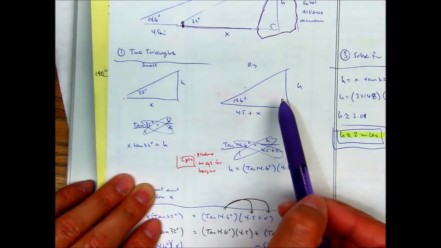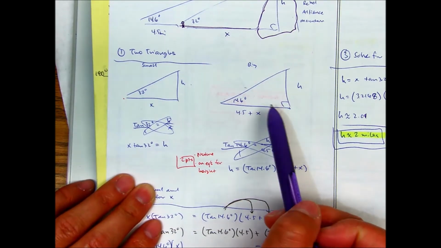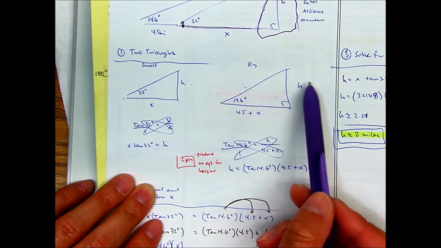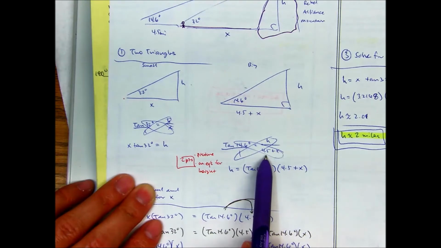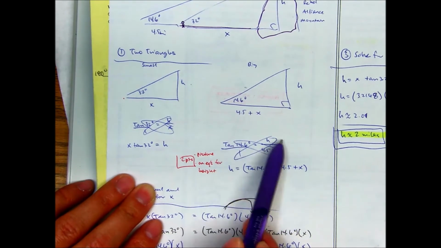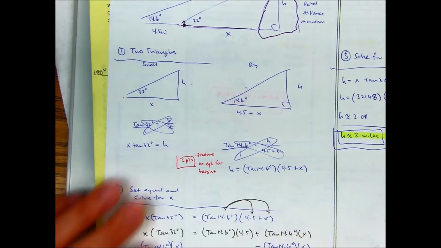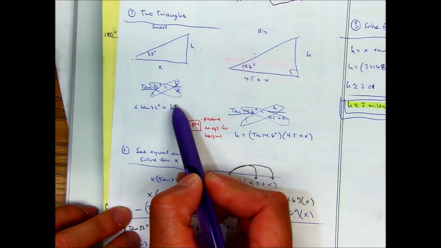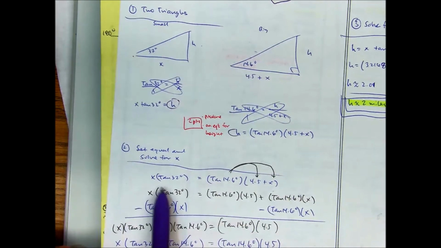On this side, we'll do the same thing. I want to get an equation set equal to h. So I have tangent of 14.6 is equal to the opposite over the adjacent, h over 4.5 plus x, and then when you cross multiply, you have this as your answer. Here, because I have 2 equations set equal to h, I can set them equal to each other.